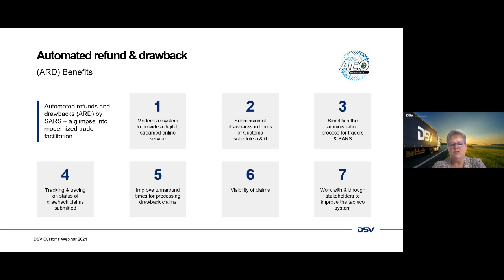Being onboarded onto e-filing and disclosing your relationship with DSV as your preferred trader partner, your drawbacks are submitted and completed on a digitalized online system, monitoring and notifications sent through via e-filing are quick, it's easy, claim status are visible, and ensuring work with and through stakeholders to improve the tax ecosystem.